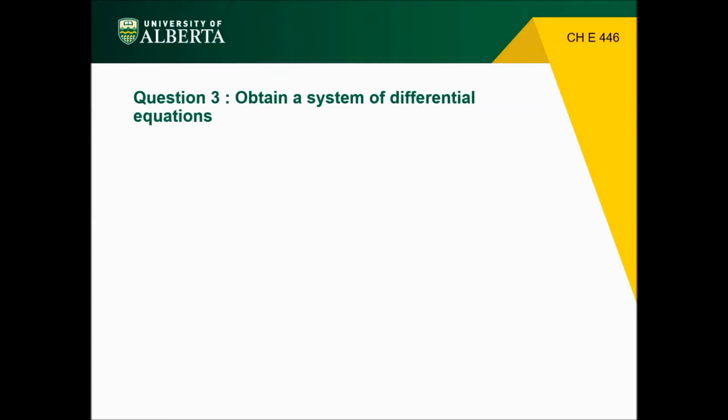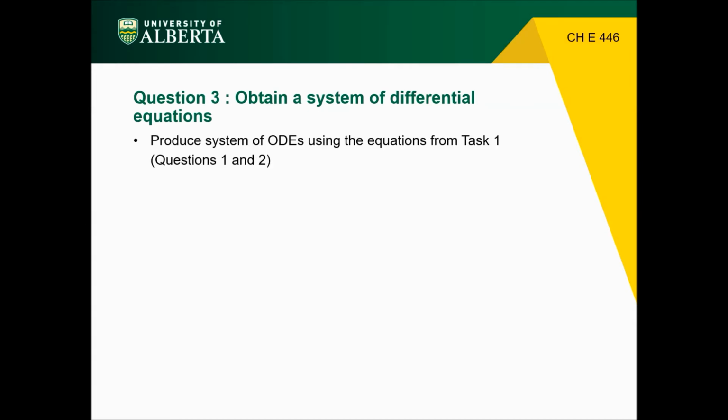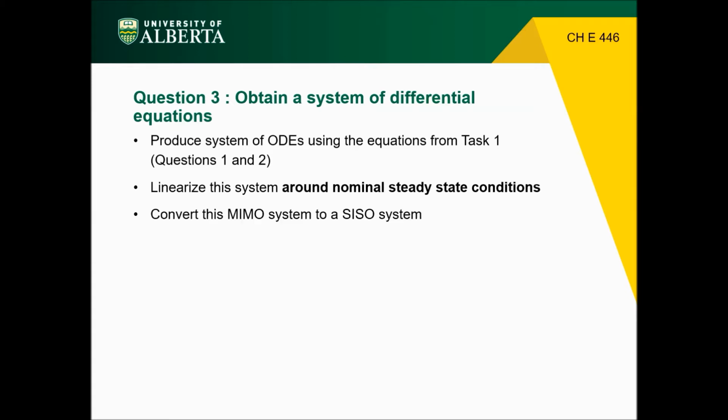For question 3, use the equations developed in questions 1 and 2 to obtain the system of ODEs that describes the tank system. Then, obtain the linearized version of the ODEs around nominal conditions. Convert the system, which is currently a multi-input, multi-output system, into a single input, single output system.